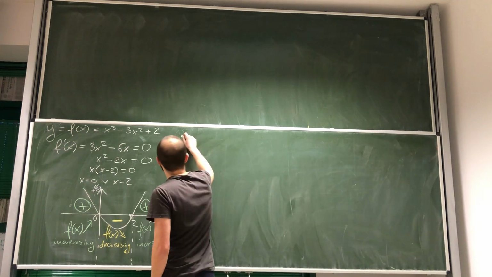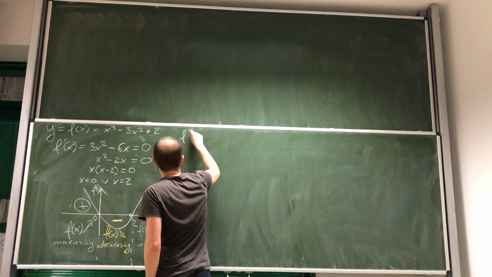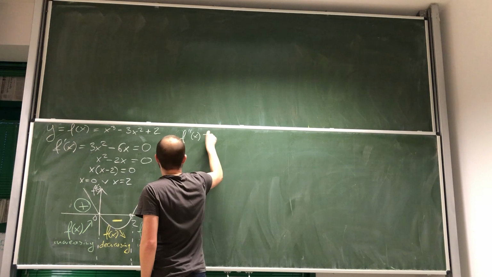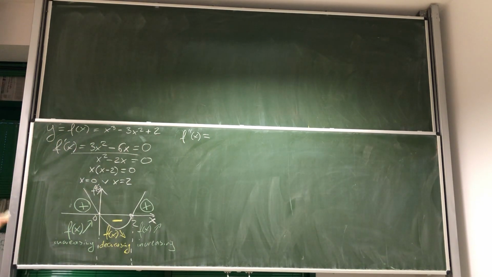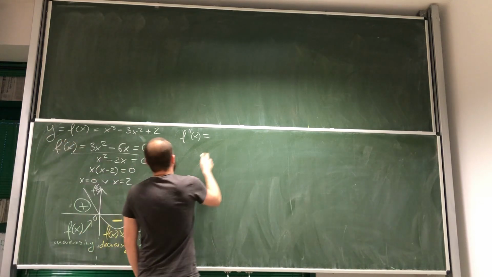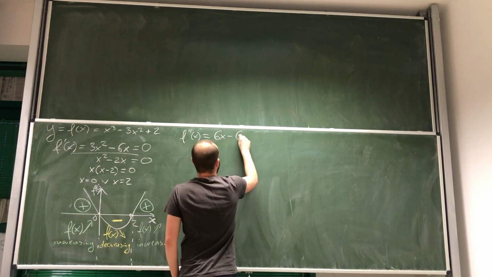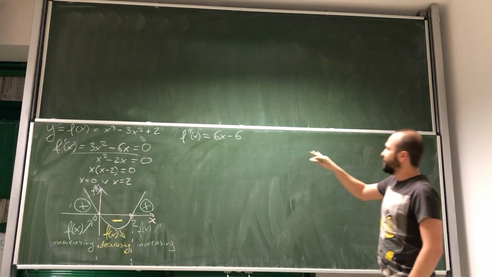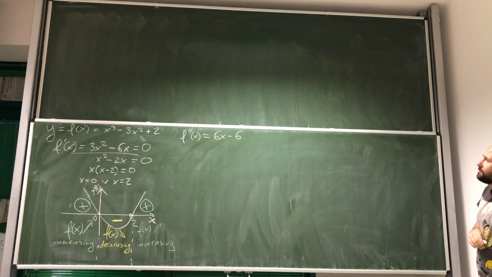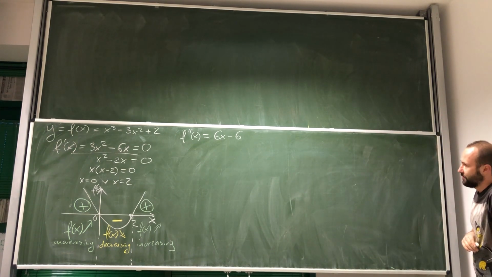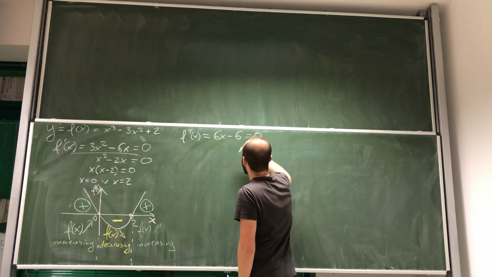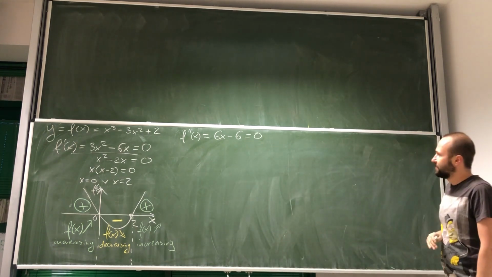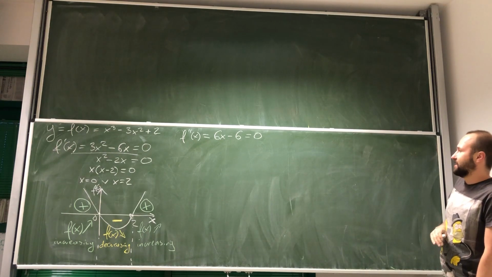Okay, so look, now I'm going to calculate the second derivative. What I am going to do now is simply calculate the derivative of the first derivative. And look, I'm getting that this is 6x minus 6. Look, this is a simple linear function. Again, what interests me in this case is at which point it cuts through the x-axis.